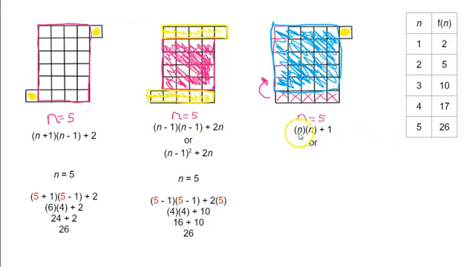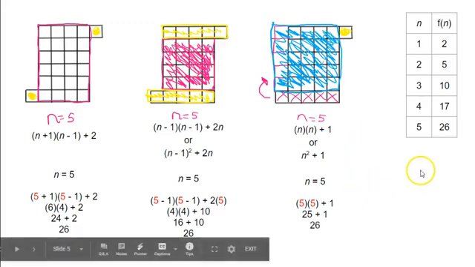And we, again, know that when we multiply something by itself, it's the same as squaring it, so we could also write this expression as n squared plus 1. When we substitute our 5 in, we get 5 times 5 is 25, plus 1 is 26, and again, that matches what we have here.